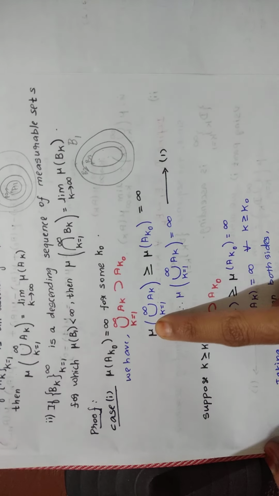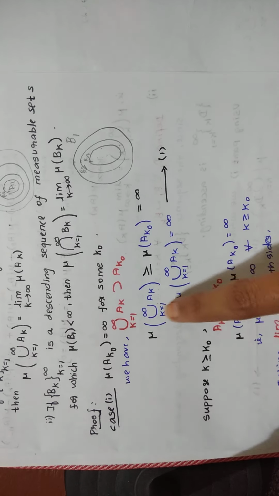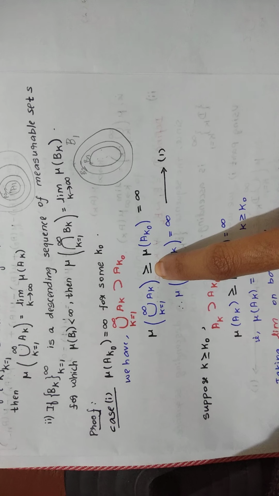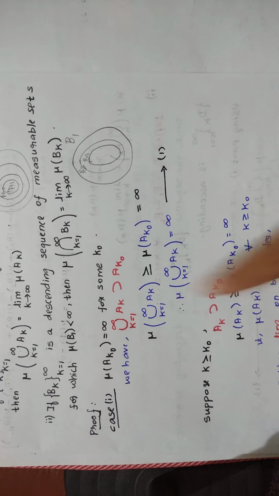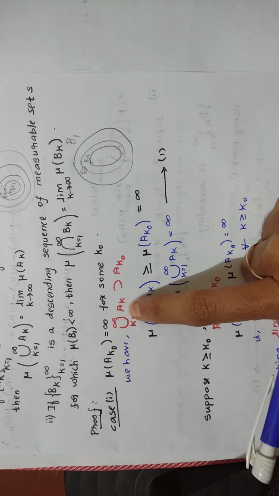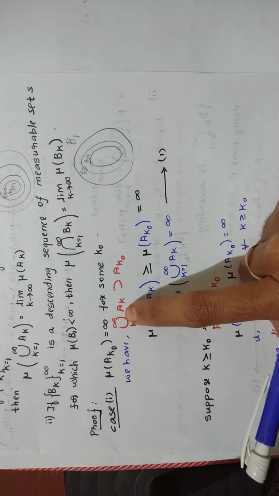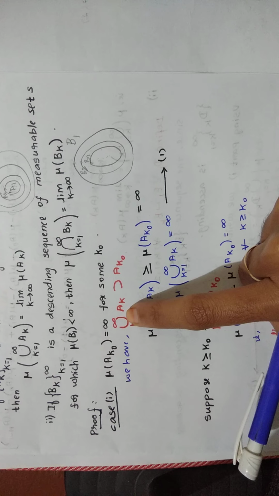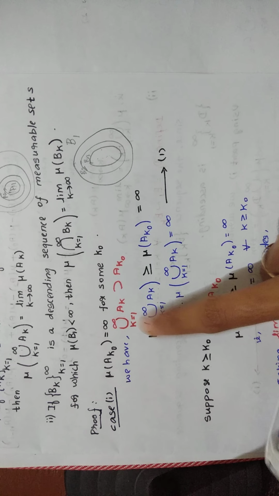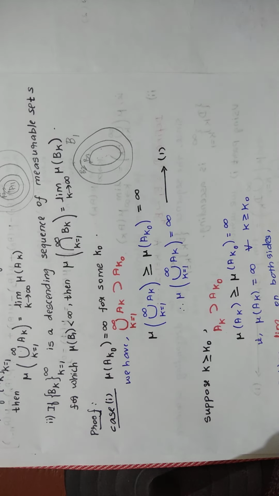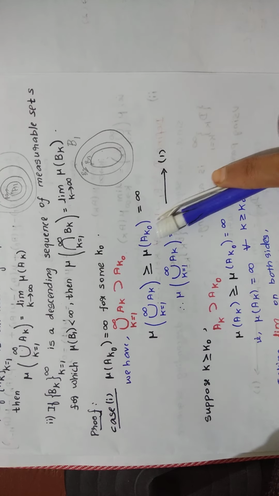And then you are taking measure on both sides. When you take the measure of this, how are you getting greater than or equal to? I will tell you. Clearly here you have measurable sets A_1 to A_infinity. So the measure of this union will be greater than or equal to the measure of this, because here you have only one measurable set, and here you have a union of measurable sets.